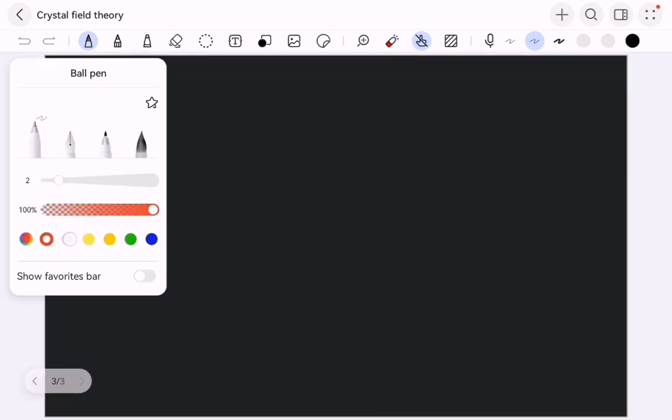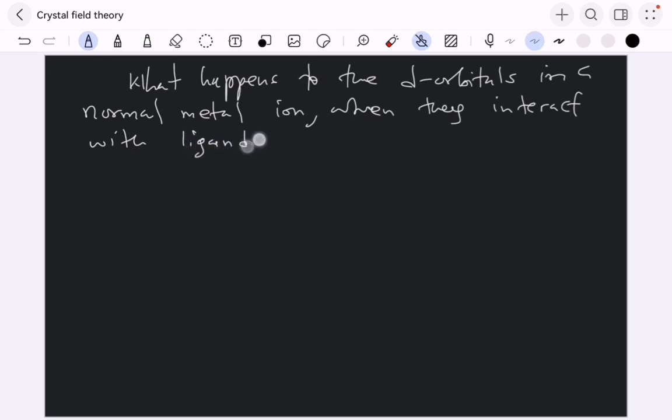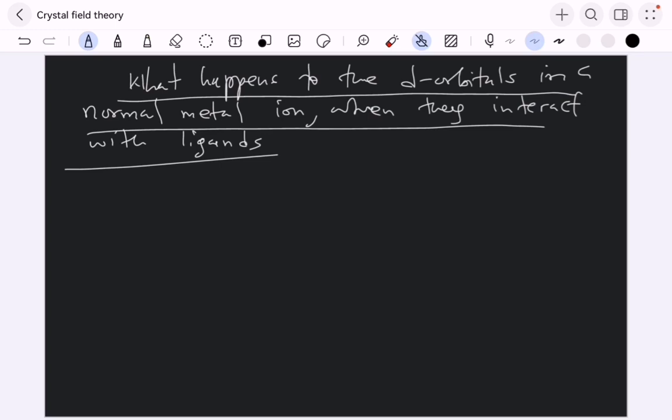So the golden question is, what happens to the d orbitals in a normal metal ion when they interact with ligands? That's a very important question that we have to understand.